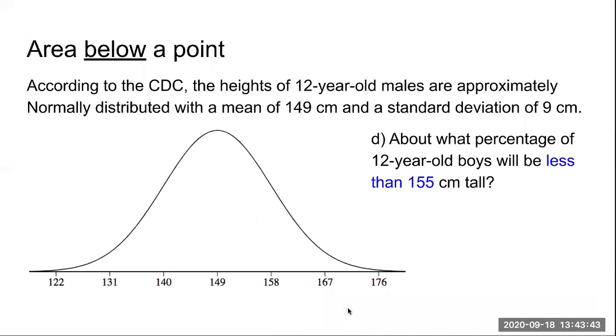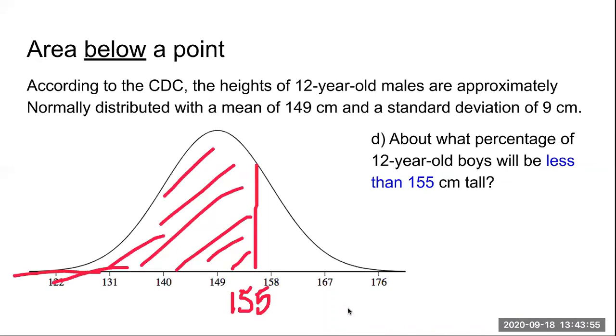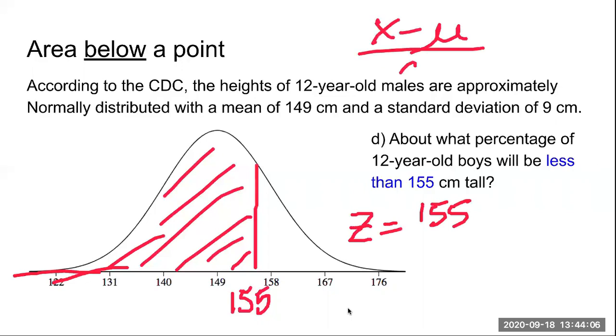So looking at the question we just had, less than 155: 155 is right here, and less than that is over here. That's our first step, doing the shading. Then we convert that to a z-score. Our formula for z-scores is x minus mu over sigma.